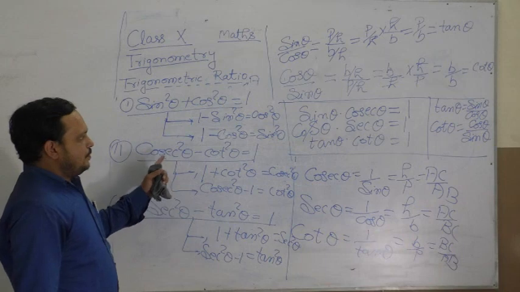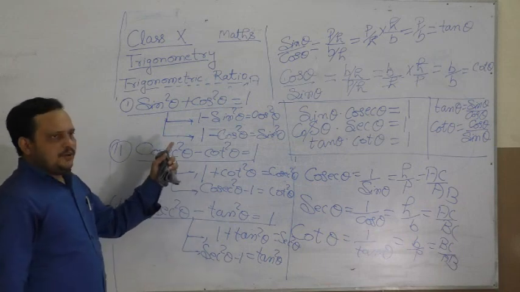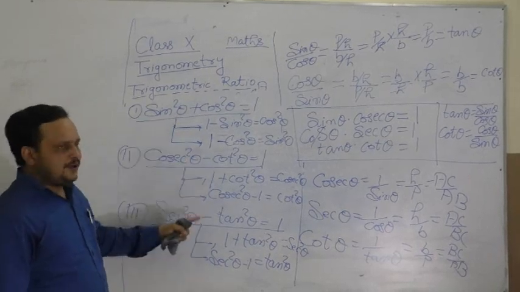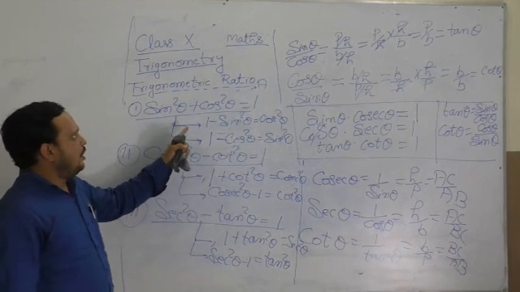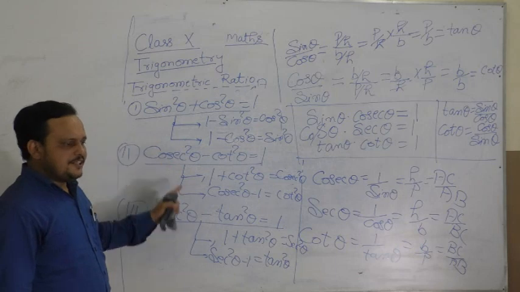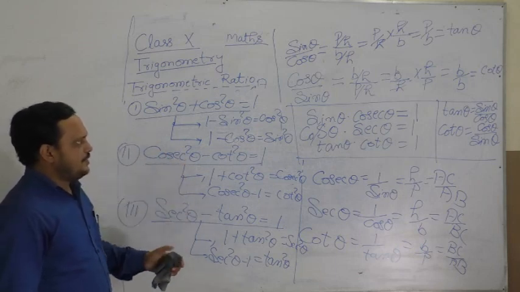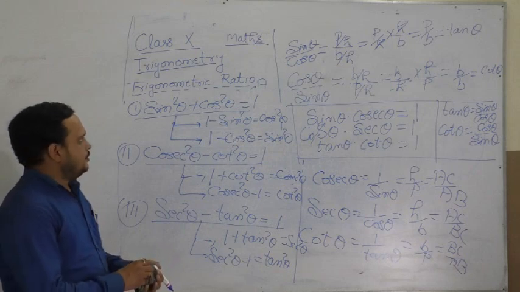We have to recall these formulas again and again. If you know these formulas by heart and understand them, you can easily solve and find different T ratios of different trigonometric formulas.